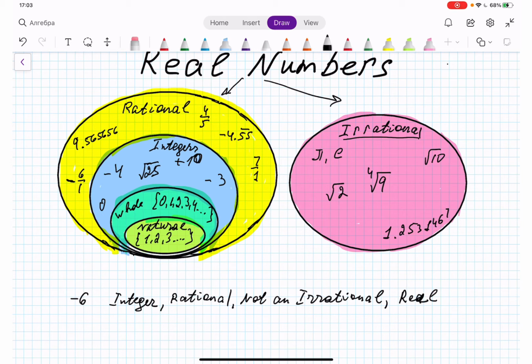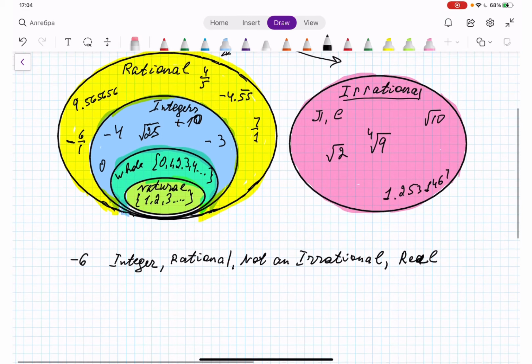Okay, let's do one more example. Let's take pi. Is it an integer?